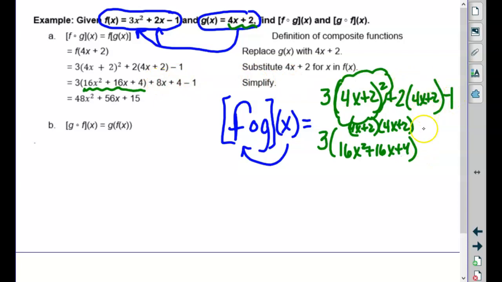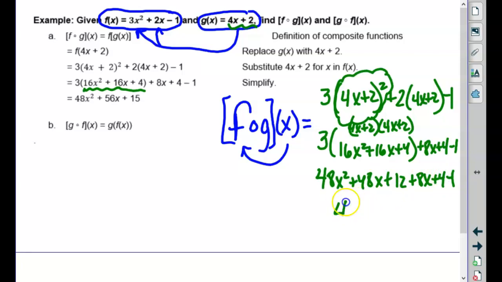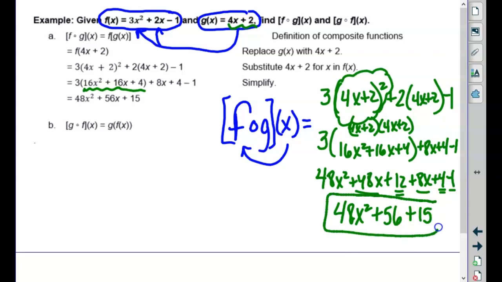They distributed the 2 back here and said plus 8x plus 4. And there was a minus 1. Then they distributed the 3. Then they combined like terms. There's a 48x squared. 48 and 8 would be 56x. And 12 plus 4 is 16 minus 1 is 15. Did I get it right? Okay. That's how they got that mess.